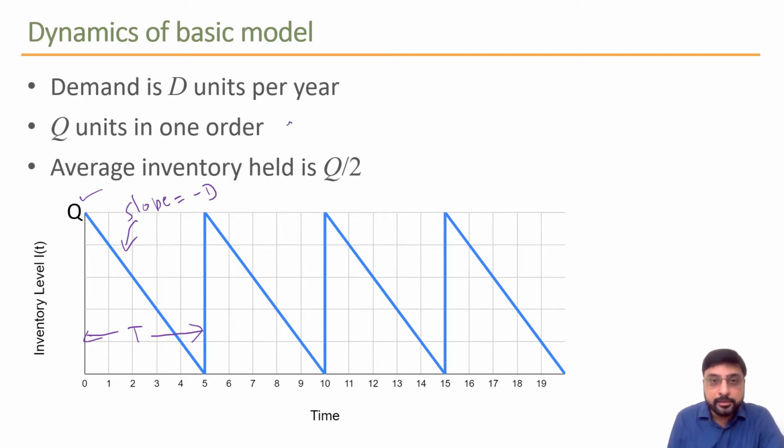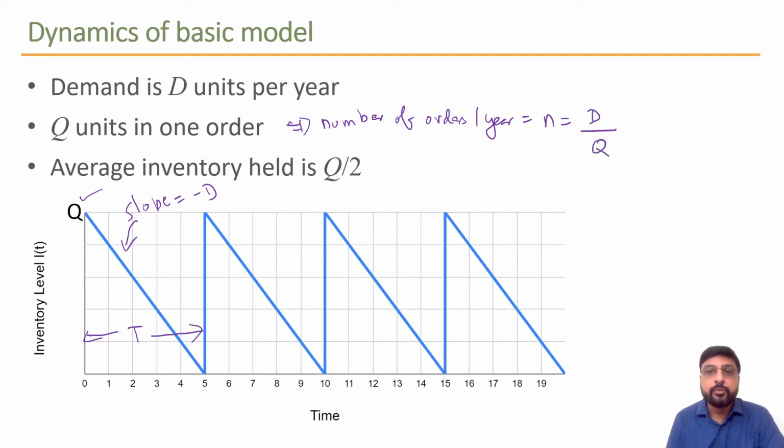So this implies that the number of orders per year is going to be N, which is nothing but D by Q. So that will be total number of orders that we are going to give if we are going to order in batches of Q.